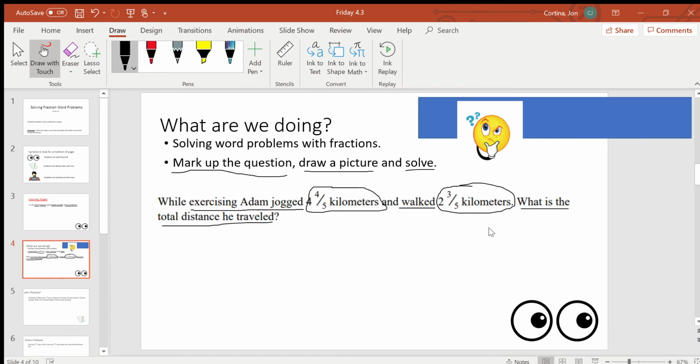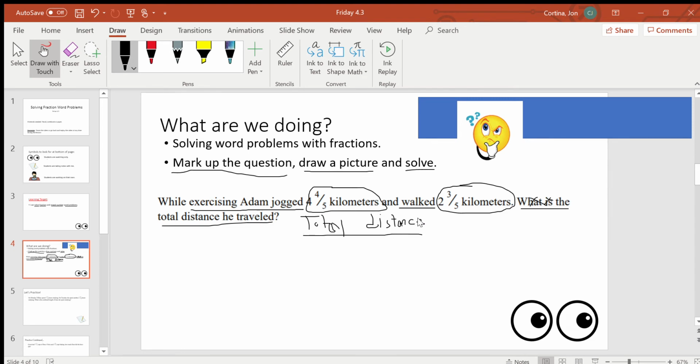So we're going to cross out the question words. And what we're looking to find out is total distance. So I'm just going to copy that down because that's what we're trying to figure out. We're going to underline our title.